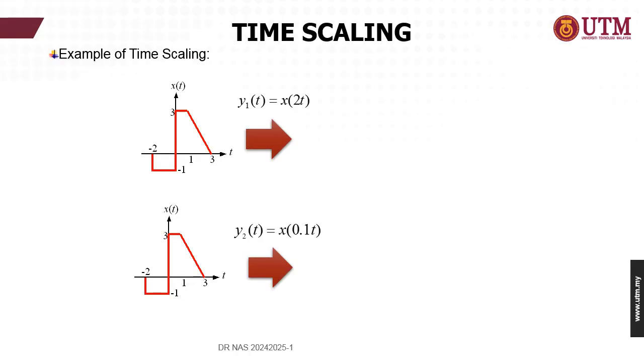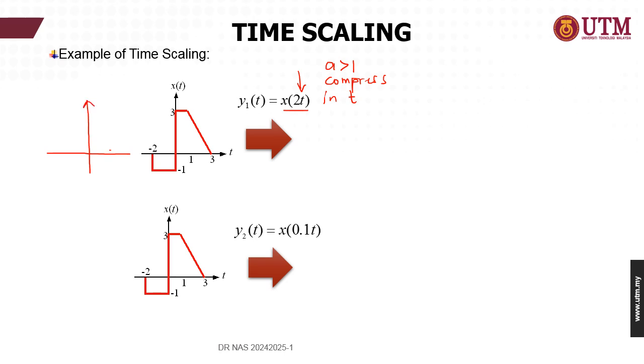Another example on time scaling. Let's look at the first one, x(2t). Look at the A. In this case, A is larger than 1, so you know that the signal will be compressed in t. You can just draw what happens to t. Compressed means smaller.